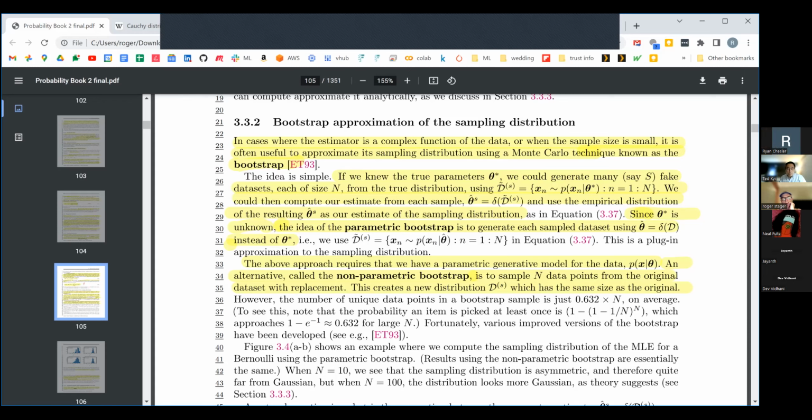Right, but here when he says xn sampled from p of xn given theta hat on line 31, why is that theta hat and why not theta star? It's a plug-in estimate from plugging in the point estimate that you got from an actual data set. Okay.